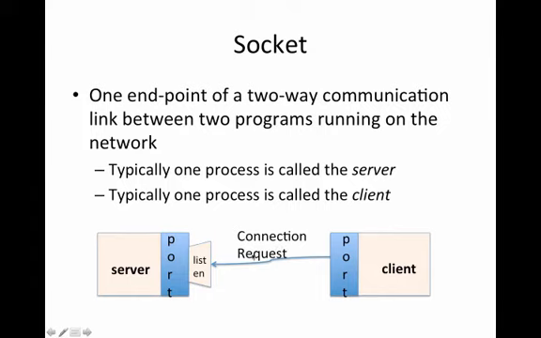When that connection request comes in, the server will accept the connection and then establish a two-way connection between the server and the client. The way that's done is that each of them gets a socket on their machine. And the client's port will not be the same number as the server's port. The port is an integer between 0 and some arbitrarily big number.